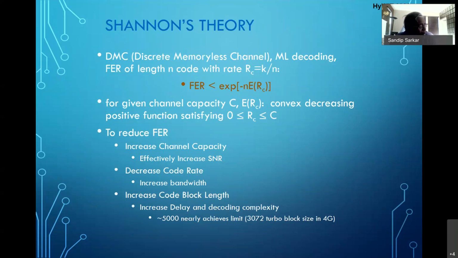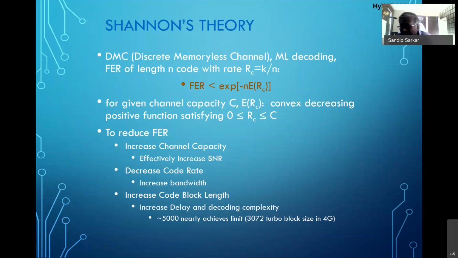You can increase power up to a certain point, but in digital communication, especially in wide area networks, just increasing power blindly is also not the correct answer, because it causes interference to everybody else. So there's a trade-off. So you can do it up to a point. Code rate we can decrease, but the more you decrease code rate, the more you increase the overhead.